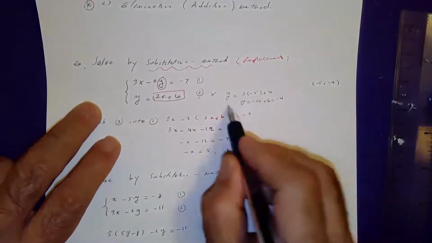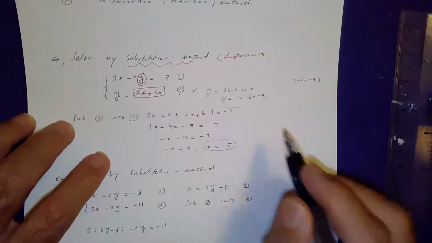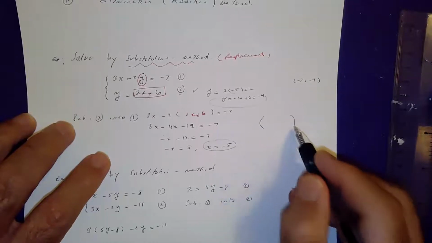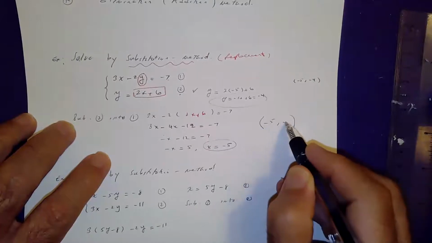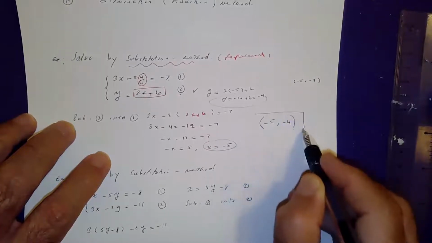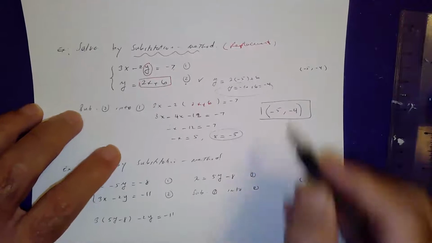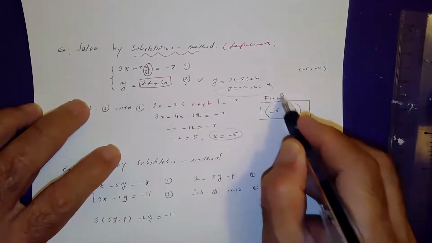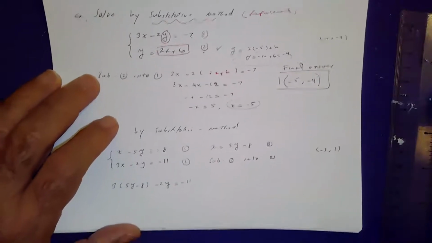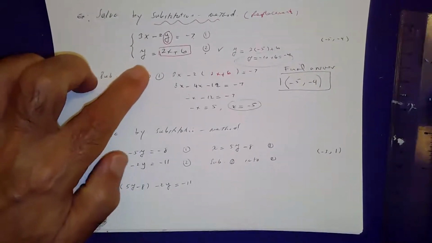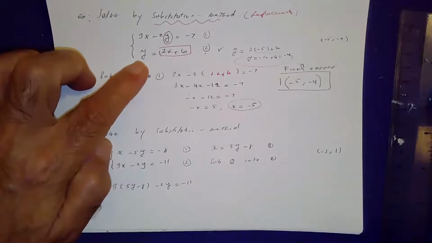Well, we are not going to write our answers separately. We're going to group them, pair them up. Remember, x goes first, followed by what? Y. There it is. That's the final answer. Do you all see it?